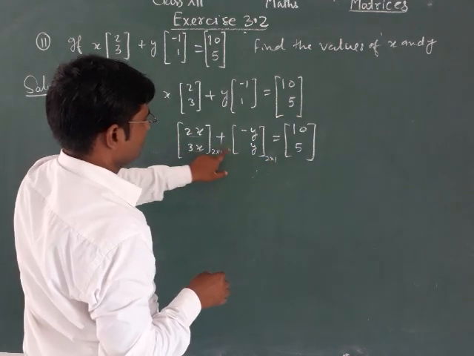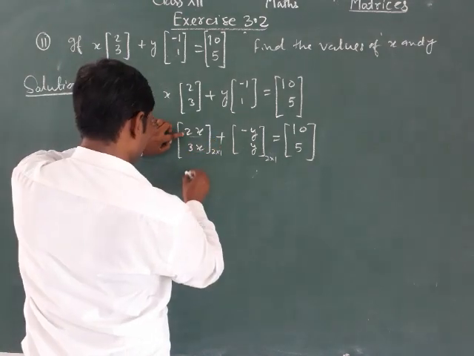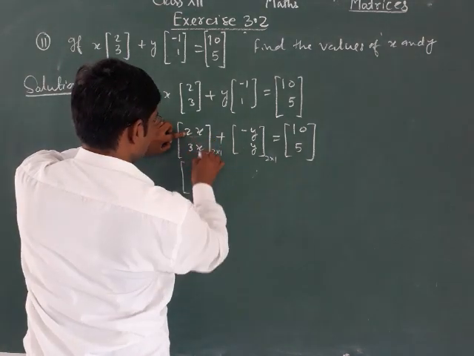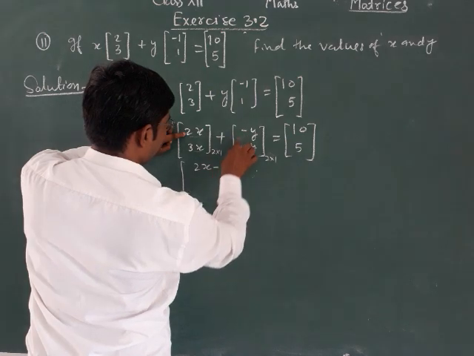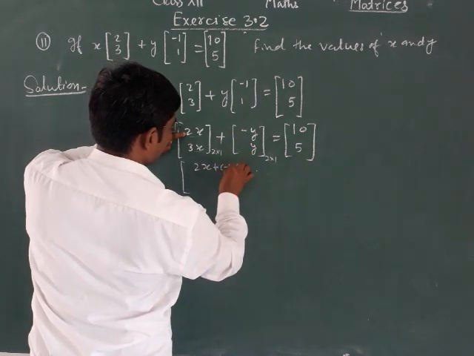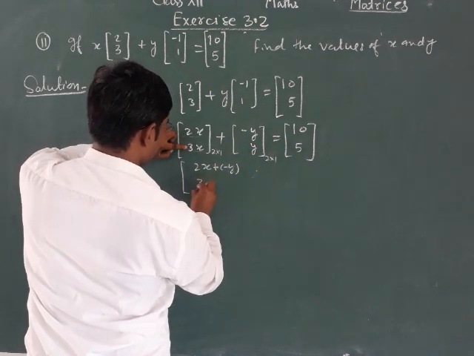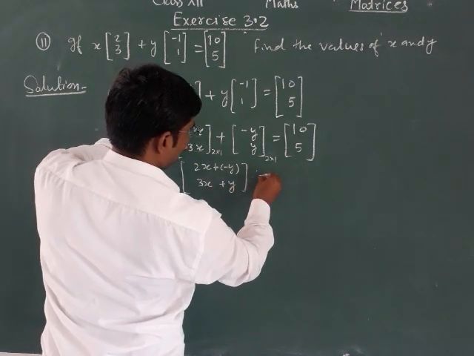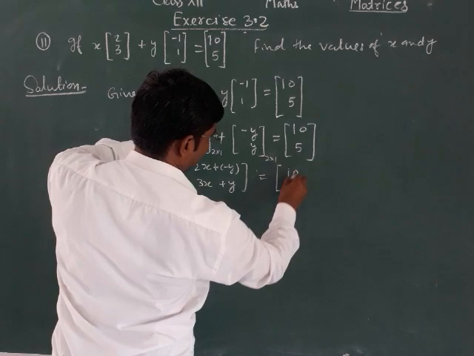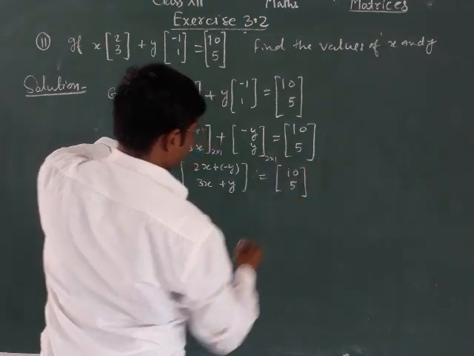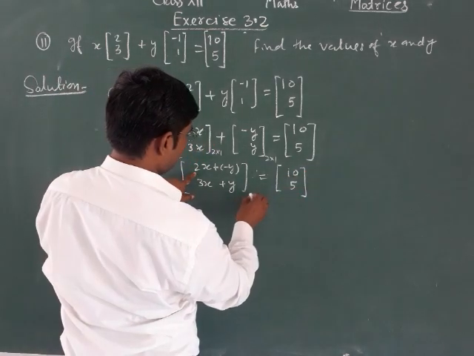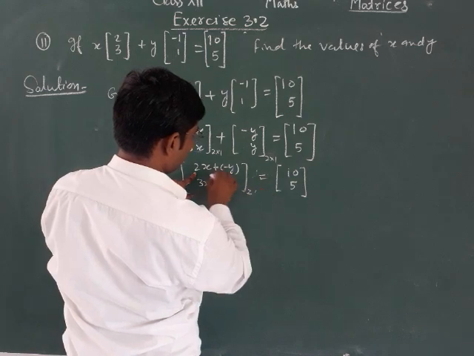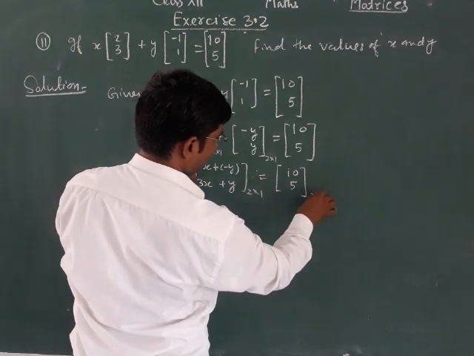Matrices of the same order can be added. So 2x plus minus y and 3x plus y, and also [10, 5].